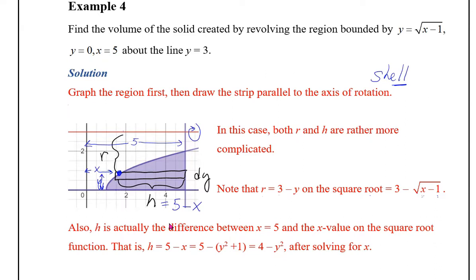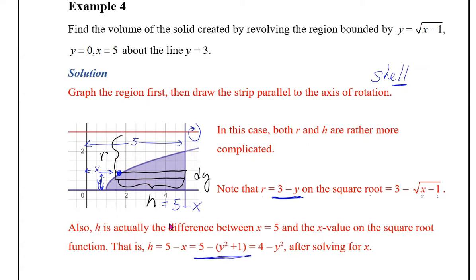This gives us the height as 5 minus x, or 5 minus the square root function solved for x with the y values plugged in after solving for x. We do need to have things in terms of y because our differential is dy. That means that for the radius, we will use this version of the equation, and for the height, we'll need to use this version of the equation.